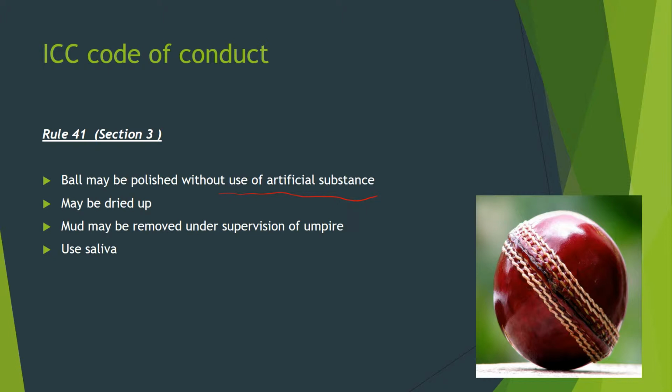In India during the winter season, because of dew, it is very common that players rub the ball surface with a towel. Mud may be removed under the supervision of the umpire, and saliva may be used to smoothen one surface of the ball.